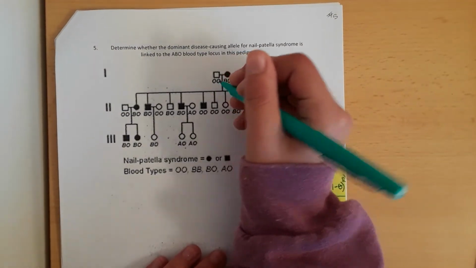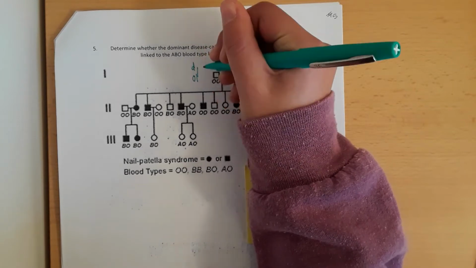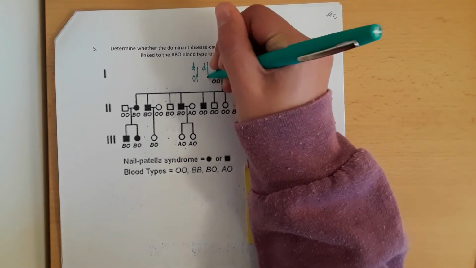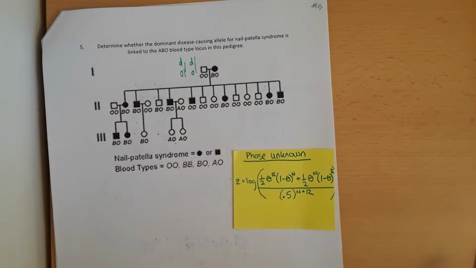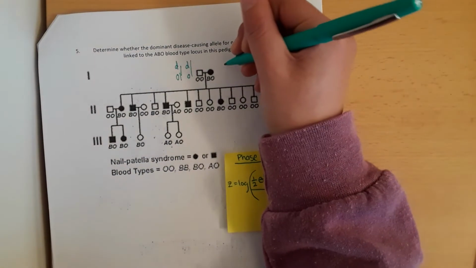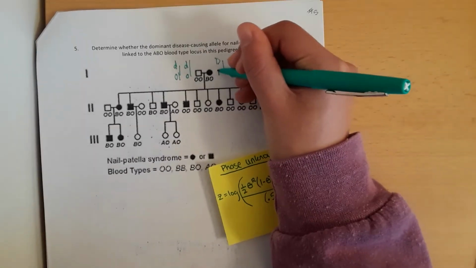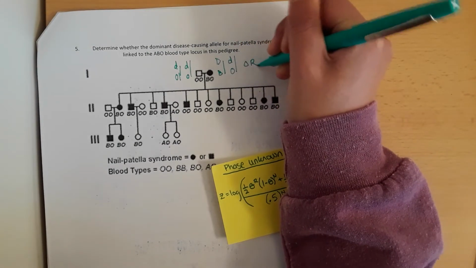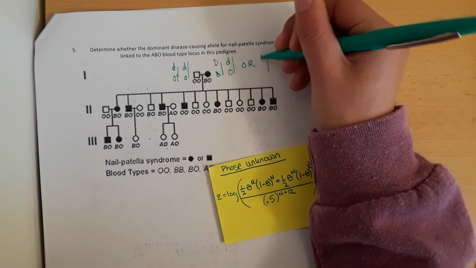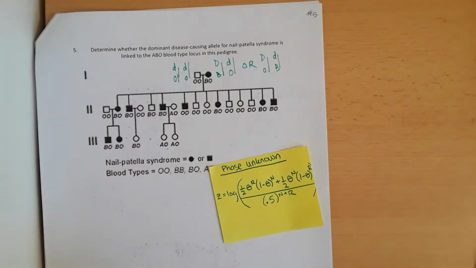So this person, they don't have the disorder. So they would be like this, lowercase d o, lowercase d o. This person, however, is shaded in, so they do have the dominant disease. And the disease gene can be on marker B, so you have something like this, or the disease gene can be on marker O, and you have something like this.